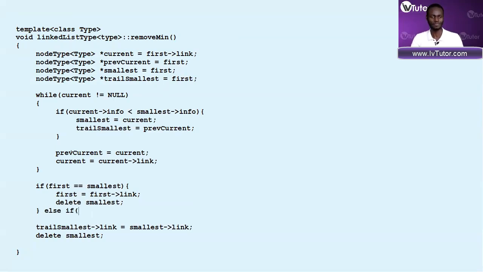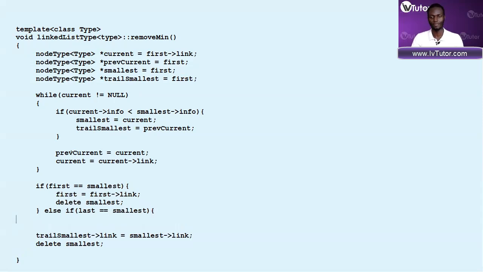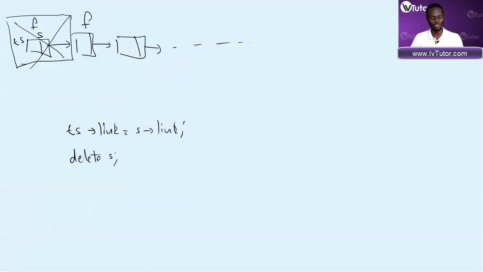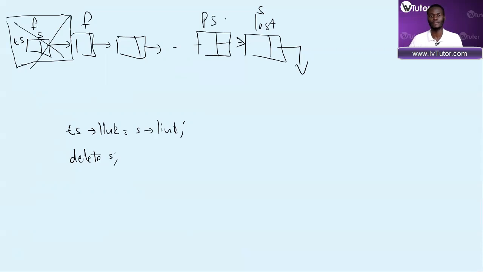What if the last node is actually the smallest? What do we do there? What if the last node is actually the smallest? Let's go and check. So we are saying if the last node is the smallest, which means here we've got our last sitting here. Now smallest is also here, and obviously our previous smallest is here.